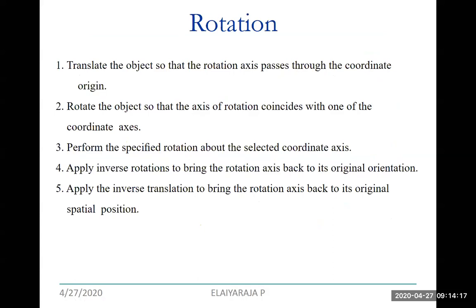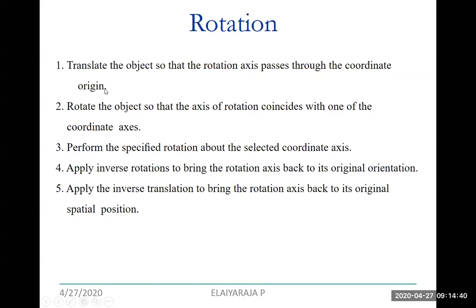So what do you know about 3D rotations? How will you perform them? Initially, you take any object and translate it so that the rotation axis passes through the coordinate origin.